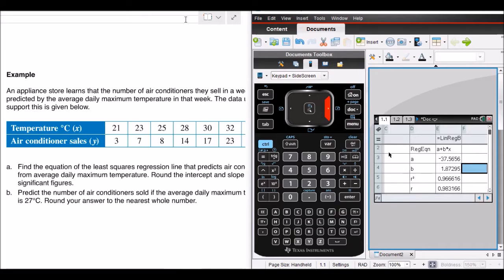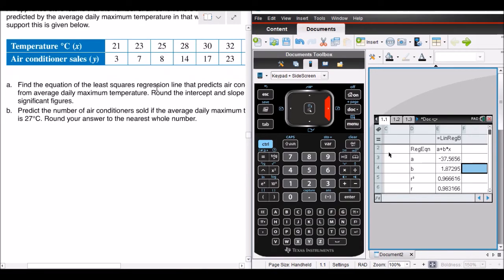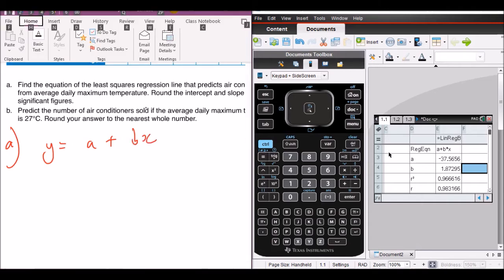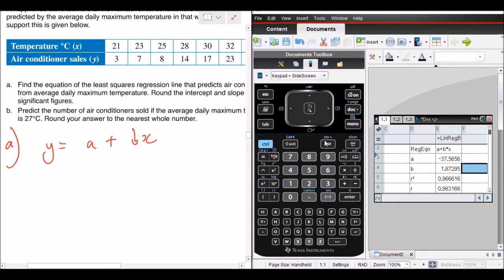All right, so if I write that down as my formula for the least squares regression line, remember the formula should look like this: y equals A plus BX. If you look at the values here, you'll know that A is negative 37.565, and it says 3 sig figs. So I only want 3 important numbers, which would be 3, 7, and one number after that point.